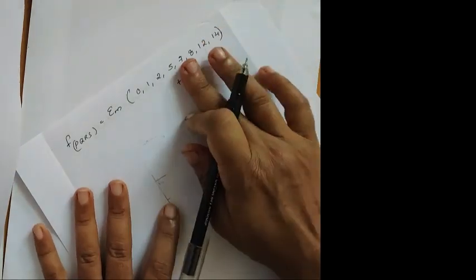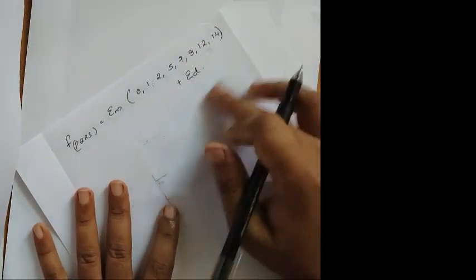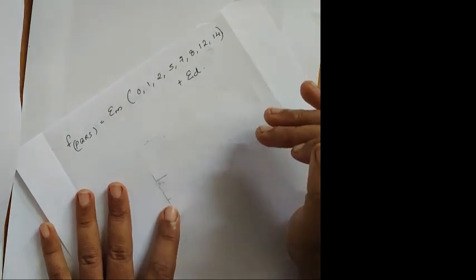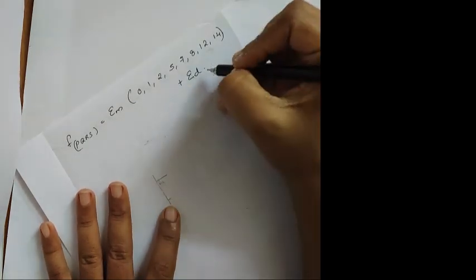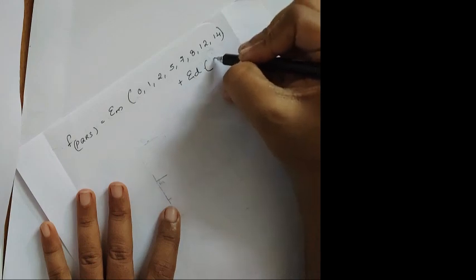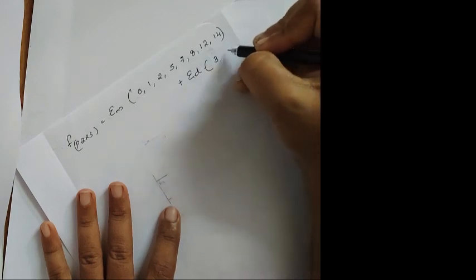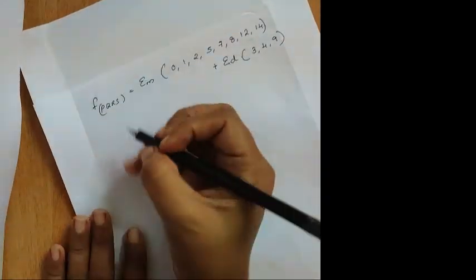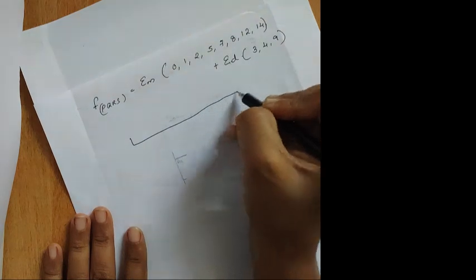Suppose they won't give anything, just plus bracket. You should understand that it is a don't care method. We get 3, 4 and 9. Whatever term you can let it be, whatever is given. This is from my mind, I'm just giving you.